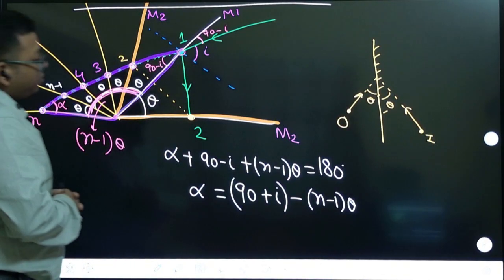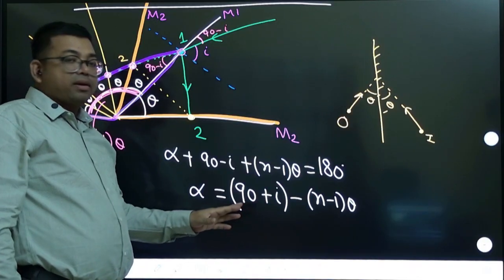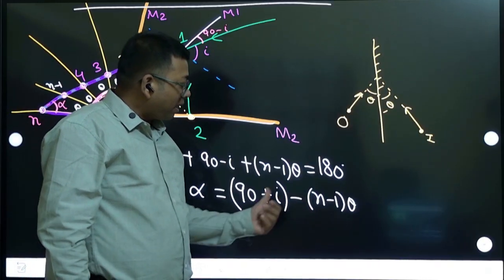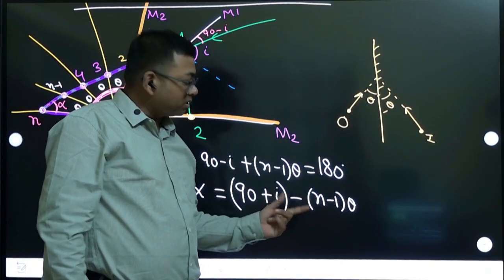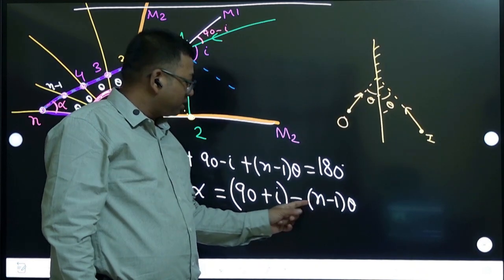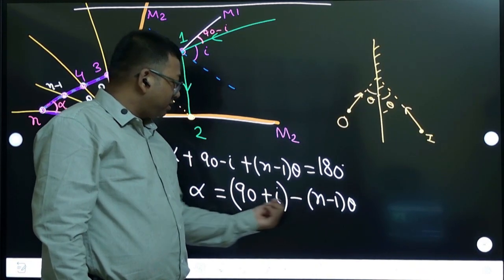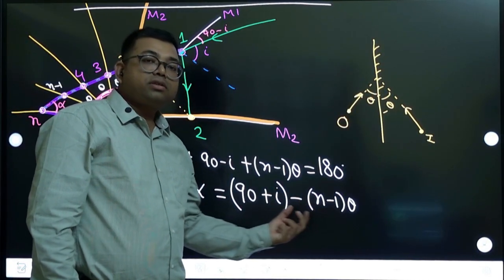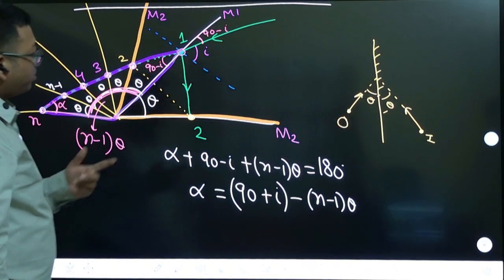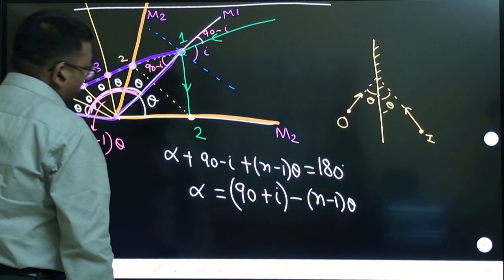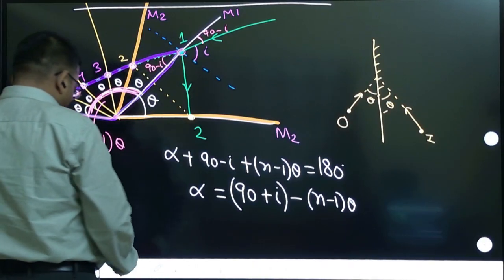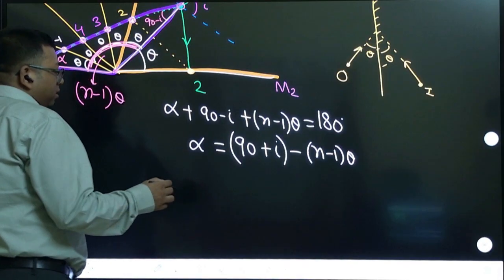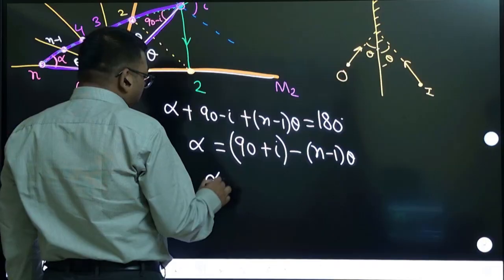Now suppose I want the maximum n, the maximum number of reflections. As I and theta are fixed, I and theta are not changing, as n increases, alpha will decrease because this term is negative, right? It is increasing, so alpha will be decreasing. So let us take the maximum value of n minus 1 for alpha. What can alpha be? Note that alpha is an angle.